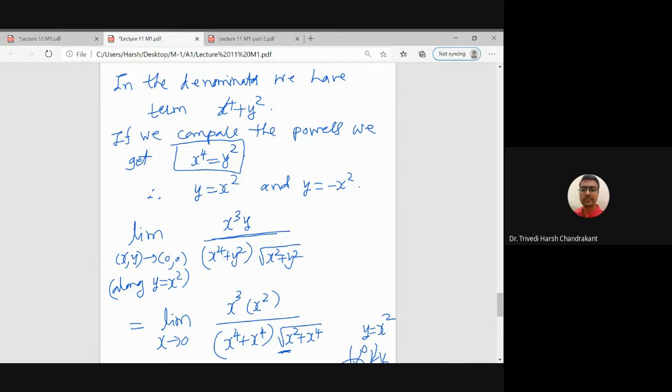So we get either y equal to x square or y equal to minus x square. So we are checking the first one. Yeah, sometimes this gives a hint about which particular curve we need to consider. Every time it may not work, but it is useful sometimes.